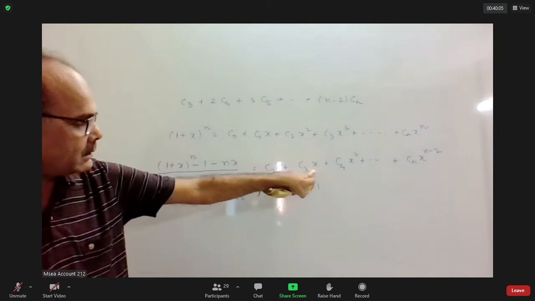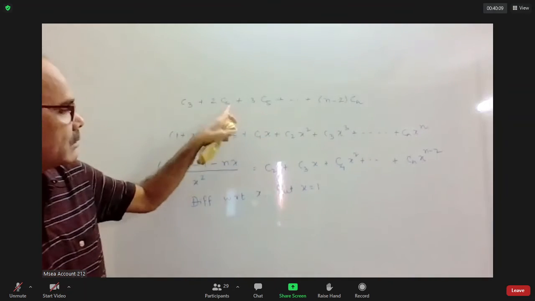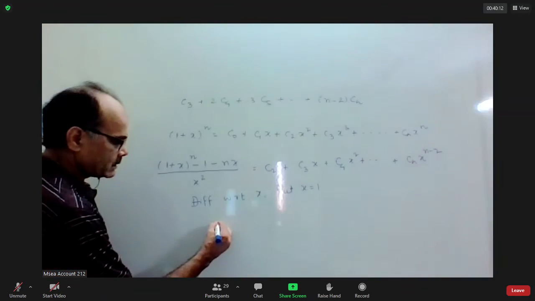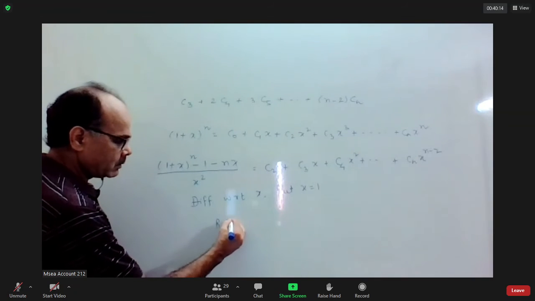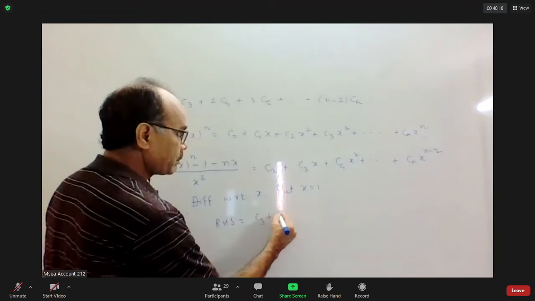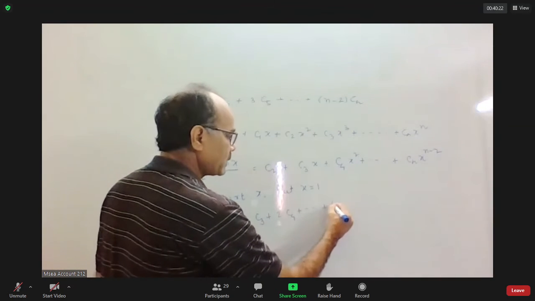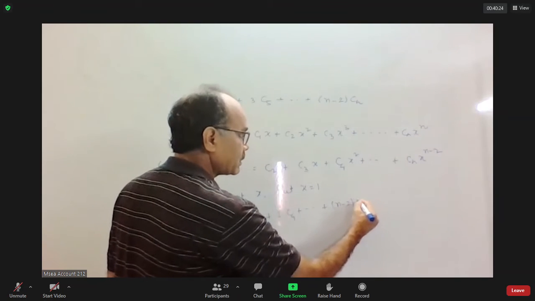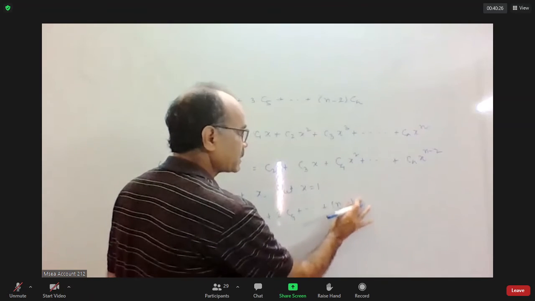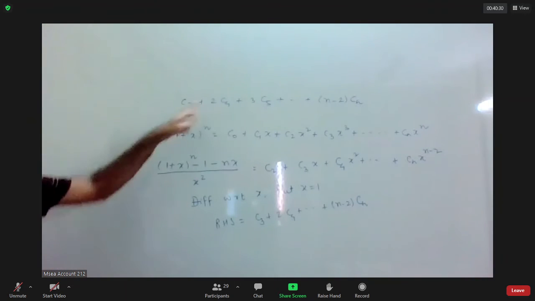This will be C3, 2 into C4x. So RHS equals C3 plus 2 into C4, and so on, plus n minus 2 into Cn. This is RHS.